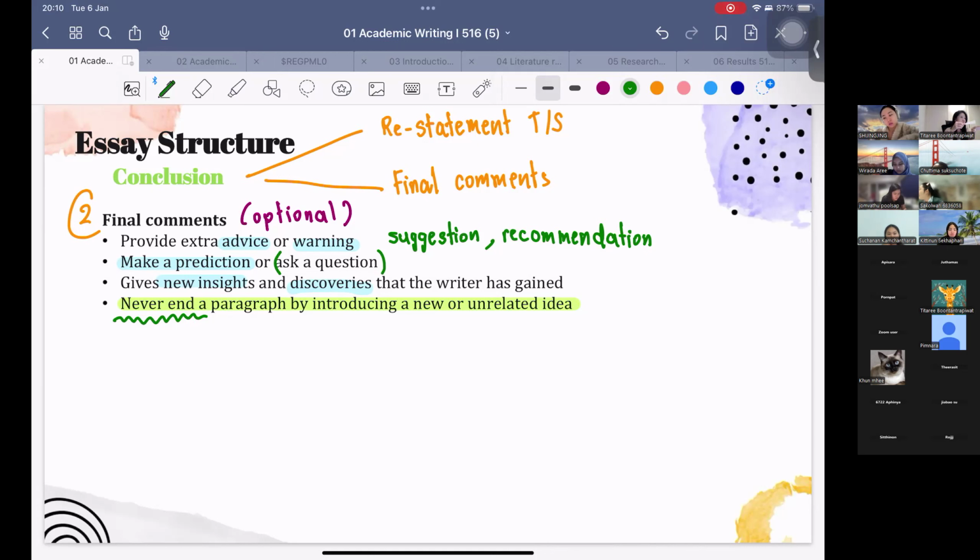So you have a choice of ending the conclusion's final comment by providing advice, warnings, suggestions, or recommendations. In some topics, you can make predictions.